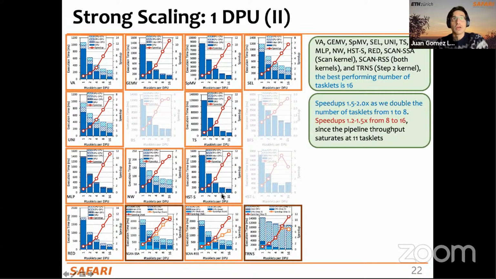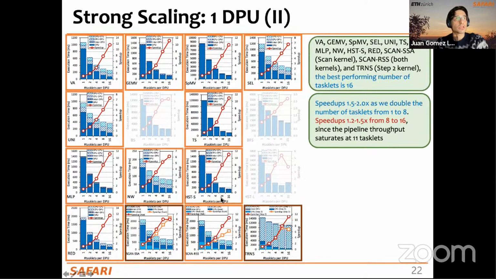And this makes sense because remember, the general programming recommendation is to use at least 11 tasklets. So in this case, we are using 16 and we are obtaining the best performance in most of the benchmarks.